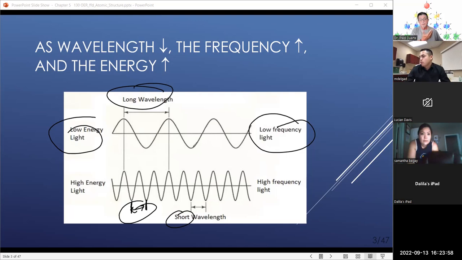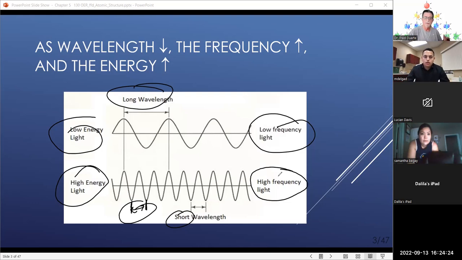You normally don't cause much of a problem physically when you're hit with radio waves. However, when you have a very short wavelength, let's say X-rays, they have high energy. Their wavelength is small, but their energy is high, and their relative frequency is also high.